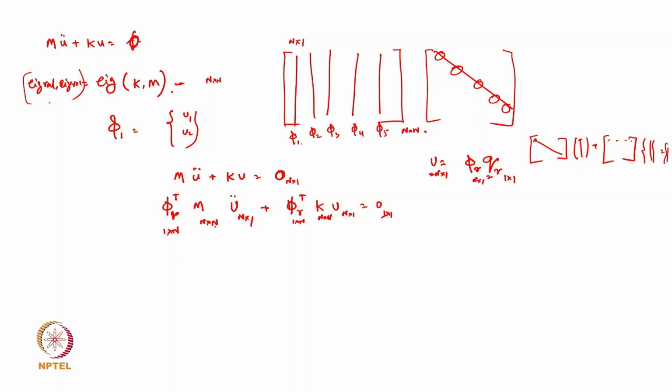So now if I substitute it here, phi r transpose m q r double dot plus phi r transpose k phi r q r equals 0. Yes, q r double dot, absolutely. Agreed. What is the dimension of this equation? 1 cross 1.